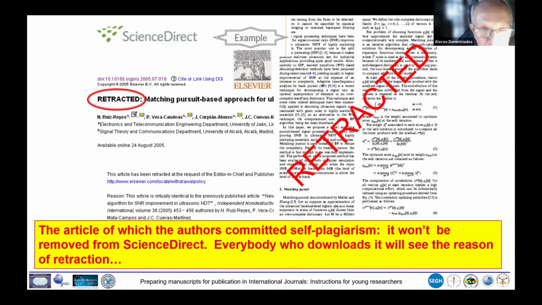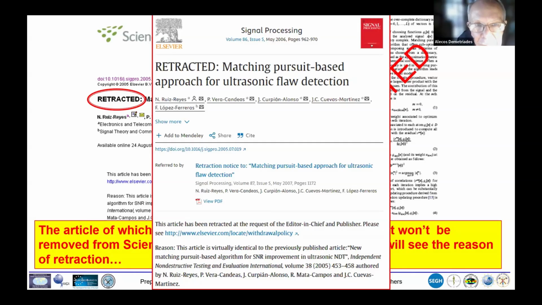Okay, so these authors, now they are known to have a retracted paper, and no journal will accept any papers from these people from now on. And here is the retraction.